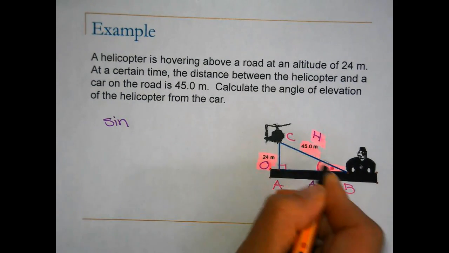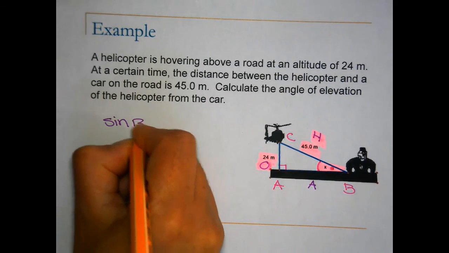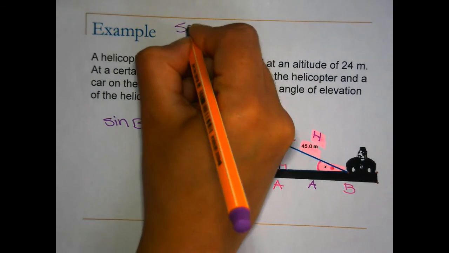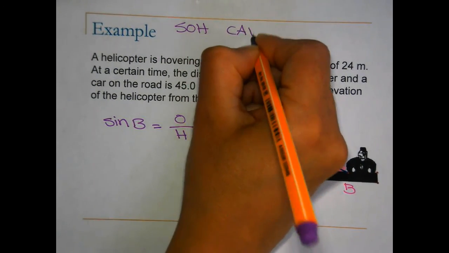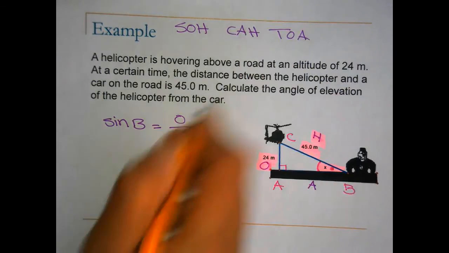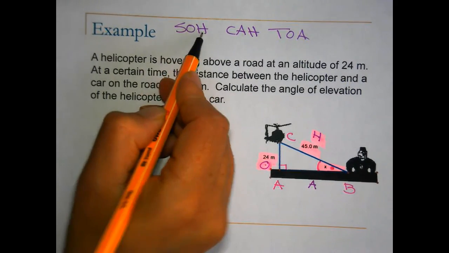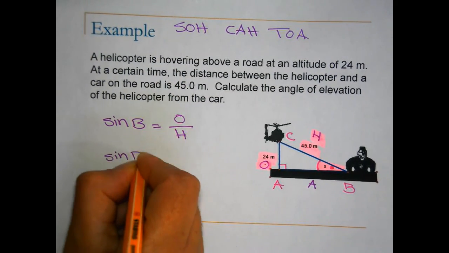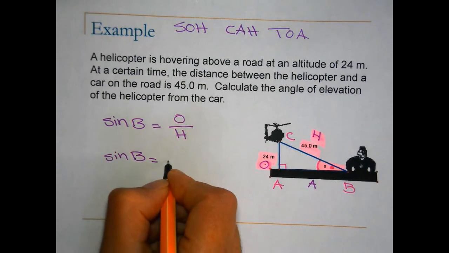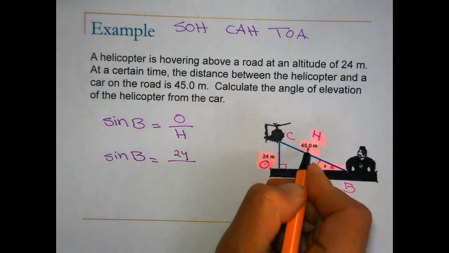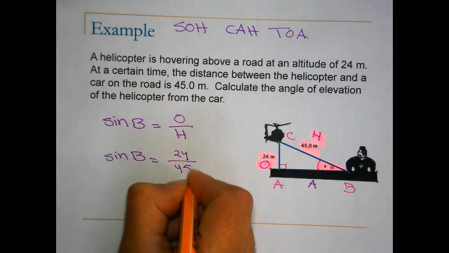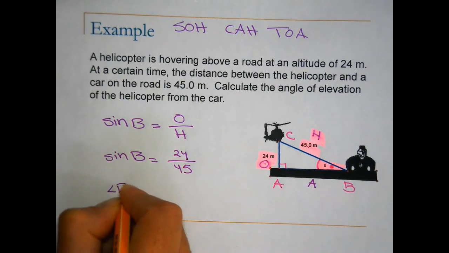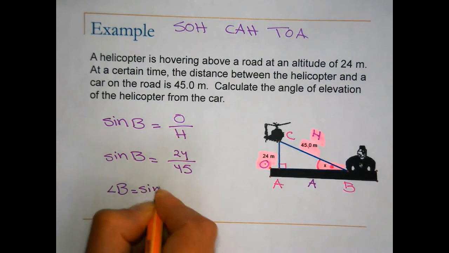Sine, the unknown angle is angle B, equals opposite over hypotenuse, SOHCAHTOA. It's very helpful that you always write your SOHCAHTOA. So opposite, hypotenuse, that means we're going to use sine. So sine B equals opposite, 24, over hypotenuse, 45. Again, we are trying to find an unknown angle, so we have to use the inverse sine button on our calculator.